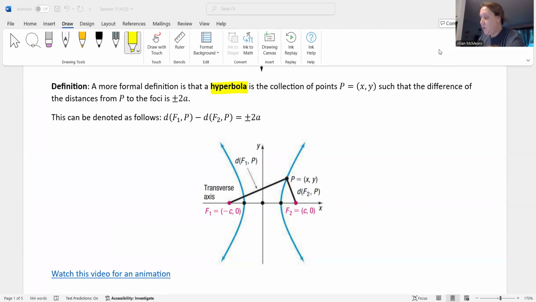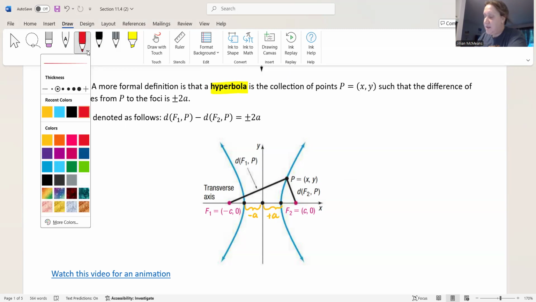So when you're dealing with a hyperbola, we still have A, B, and C, okay? We just need to be really careful about what A, B, and C are, okay? So A is the distance from the center to either vertex point, okay? So this is negative A, this is positive A, okay?